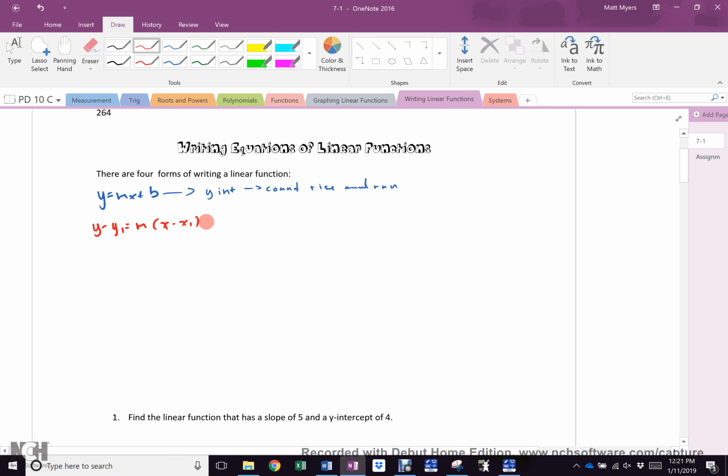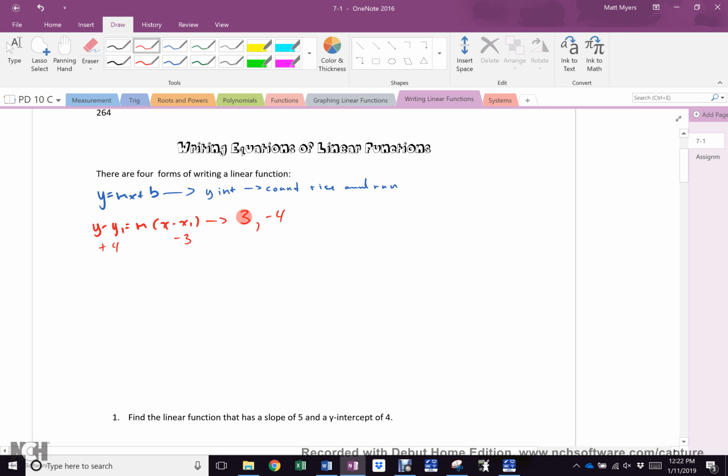This guy gives you your starting point, but the negative signs mean what? Minus. So if this says minus 3, what's the actual point on the graph? Positive 3. If this says plus 4, what's the actual y value on the graph?